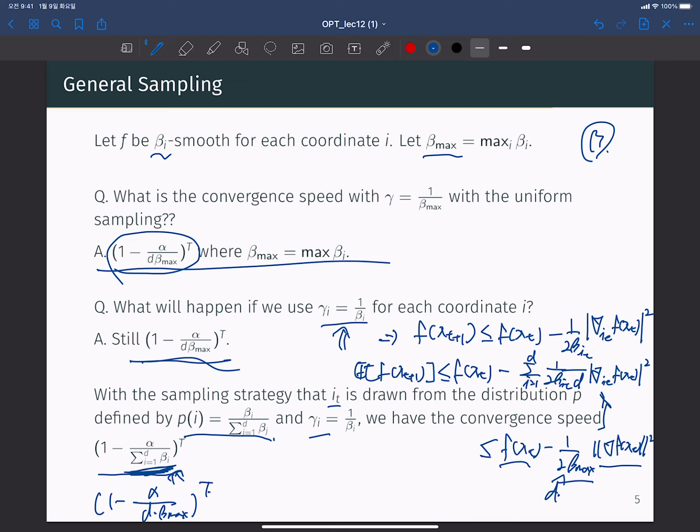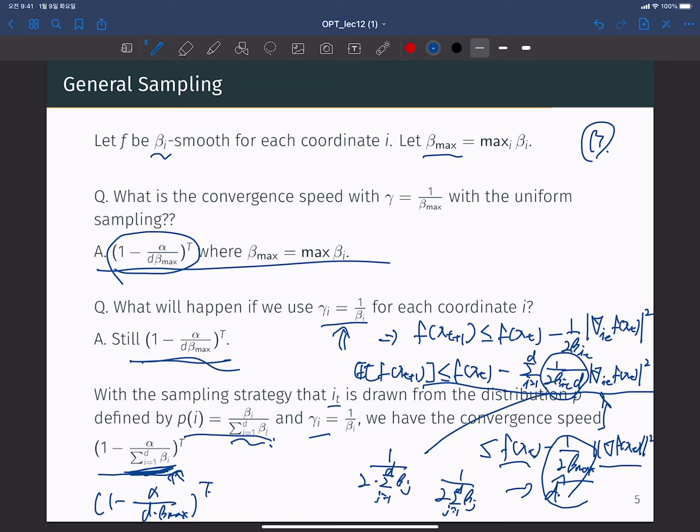So why can we improve this? The magic comes from this line. When we sample coordinates uniformly at random, we just have a 1 over d term here. But if we set the sampling probability like this, we replace this part by 1 over 2 times the summation over j from 1 to d of beta j, which makes this part the same as well.